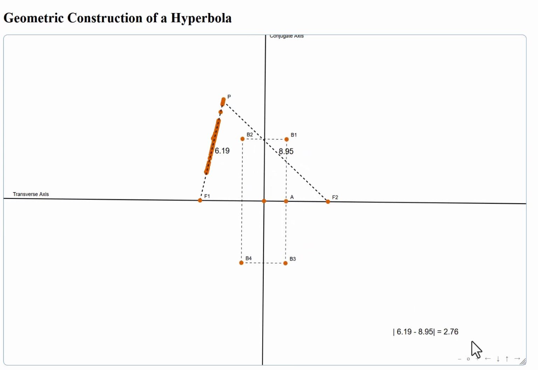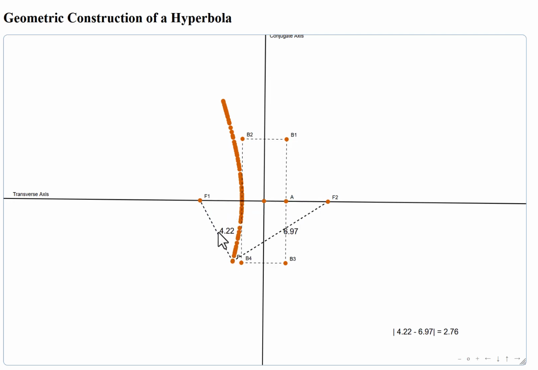That'll be fine. Now, what I want you to see as I move point P here is that if you look at the distances between point P and each of the focal points, if you subtract those, you get the same number the entire time.